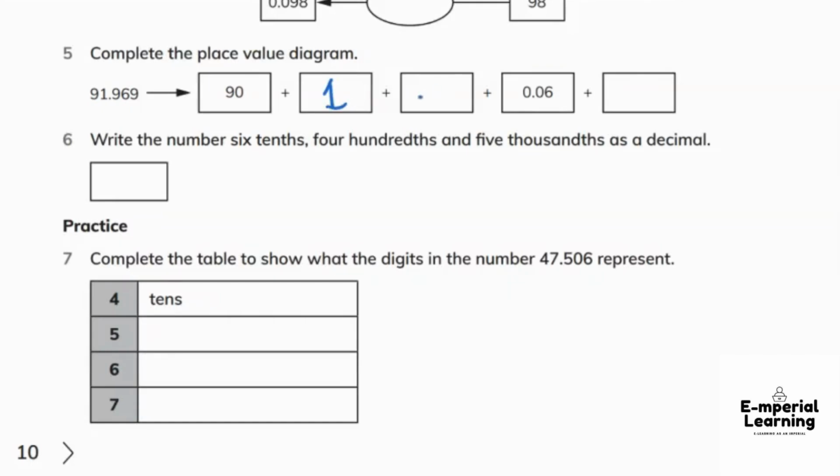The next digit is 9 in the tenths place, that's 9 divided by 10, and 9 divided by 10 is 0.9, because the decimal has moved once to the left. Then we have 0.06, which is 6 in the hundredths, and the last one will be 9 in the thousandths. A number divided by 1,000, the decimal point moves to the left 3 times, so 0.009.